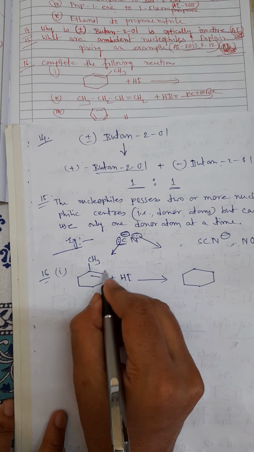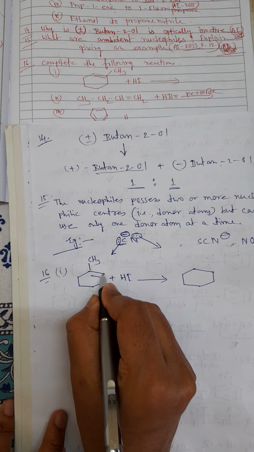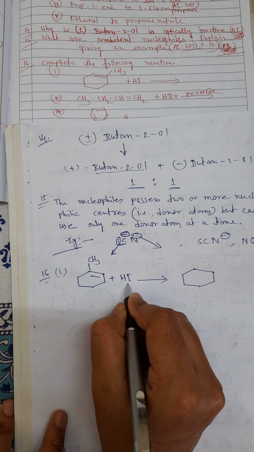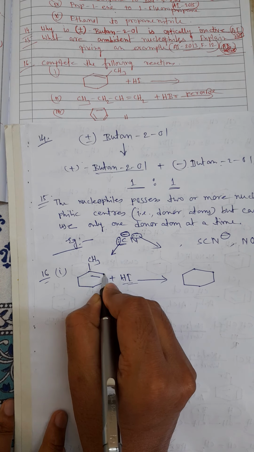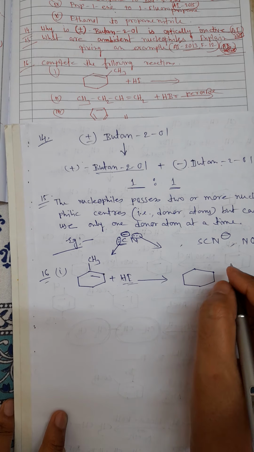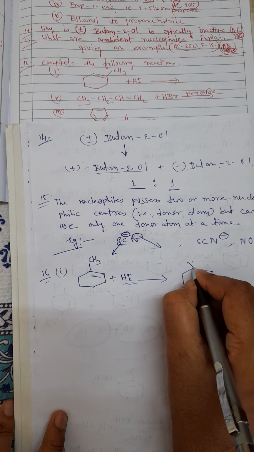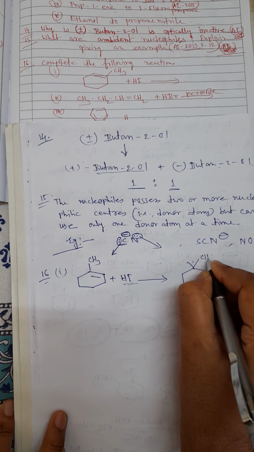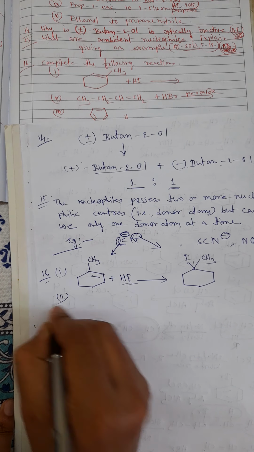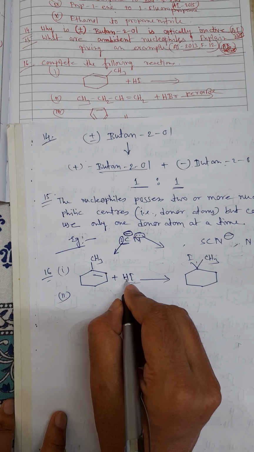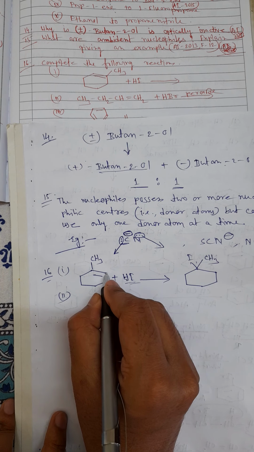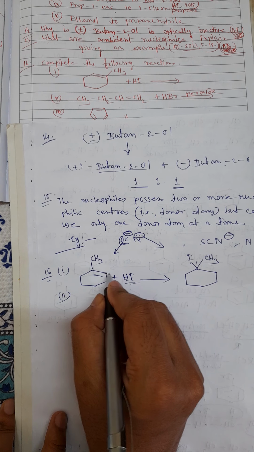Thus hydrogen will combine to that carbon. I repeat it once again. Hydrogen of this addendum HI will combine to this carbon and I will combine to this one, giving the tertiary iodide. Because hydrogen combines to the carbon with which more hydrogens are already attached.